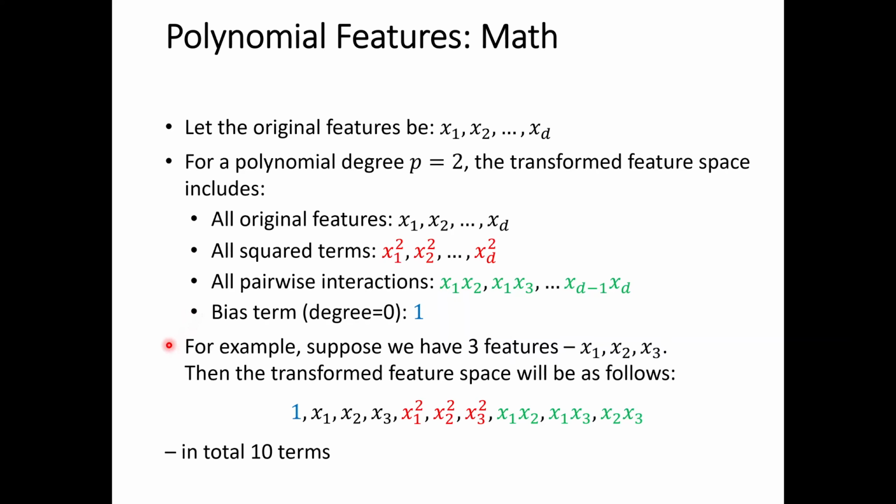For example, if we have three features, x1, x2, and x3, then the transformed feature space will look like this. The bias term, 1. The original features, the squared features, and the interaction terms, for a total of 10 terms.